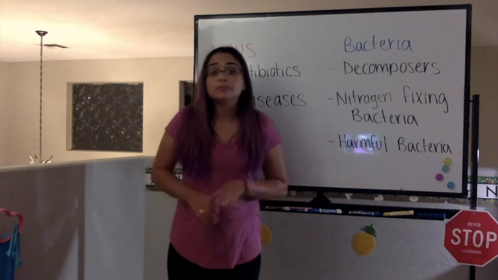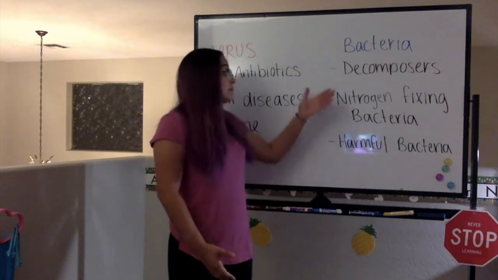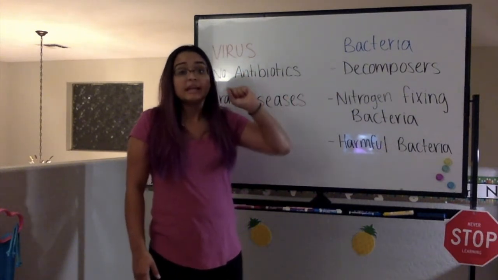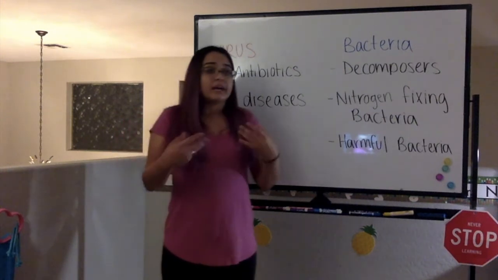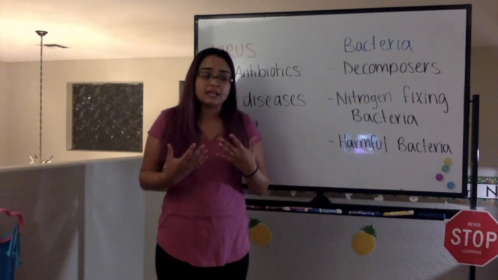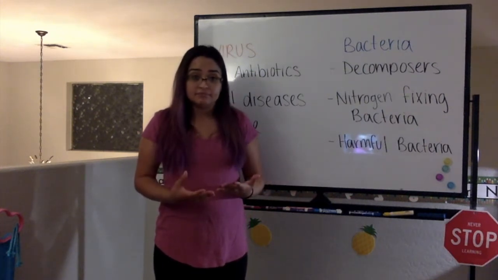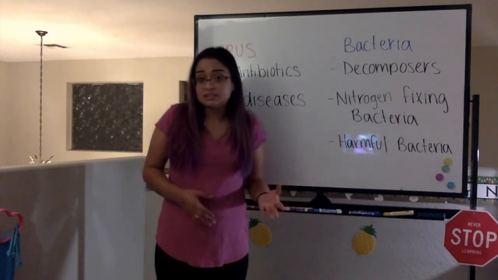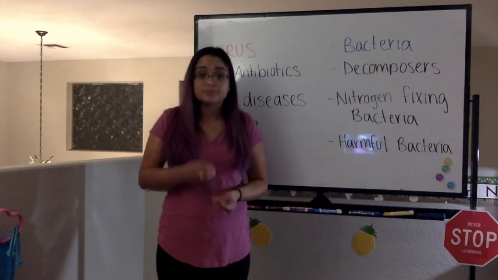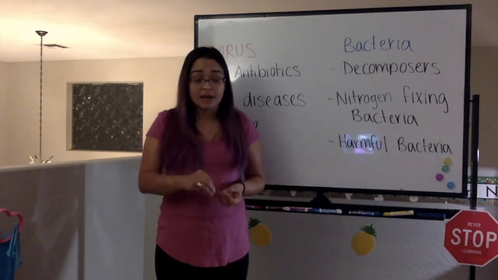Now, bacteria. Bacteria is actually pretty important and actually pretty helpful in our environment. Bacteria has decomposers. Now, what is a decomposer? Have you ever heard that when, let's say, a rabbit dies, the body decomposes? Now, what's happening is that bacteria is actually eating away at the dead matter.